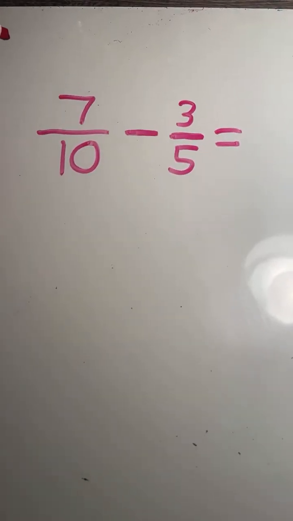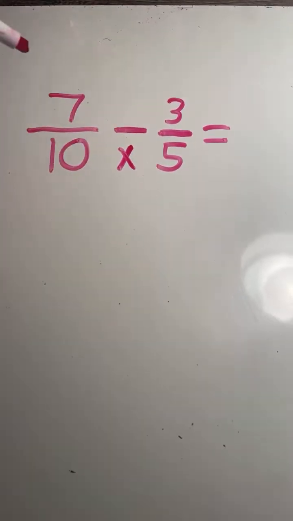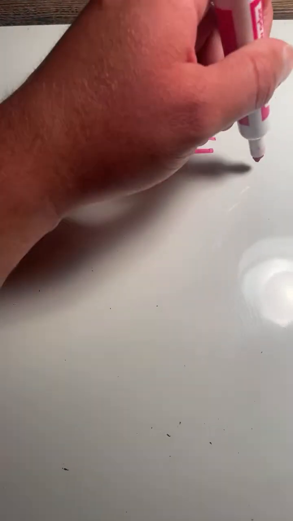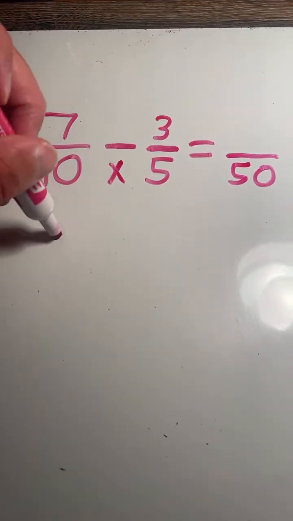Seven tenths minus 3/5. Again, step 1, we have to multiply our two different denominators. 10 times 5 equals 50. So 50 is our common denominator for this next problem.